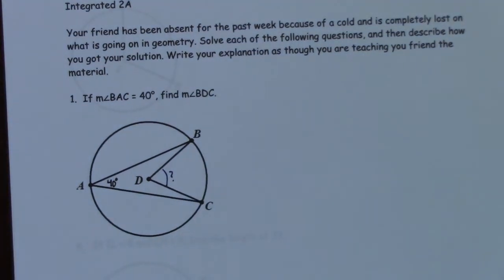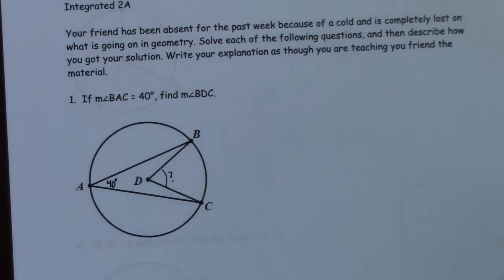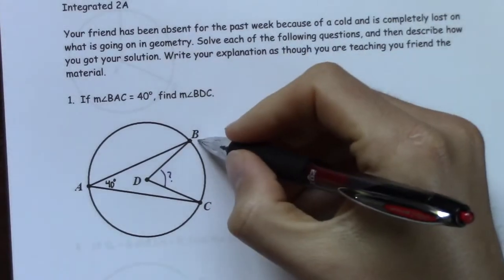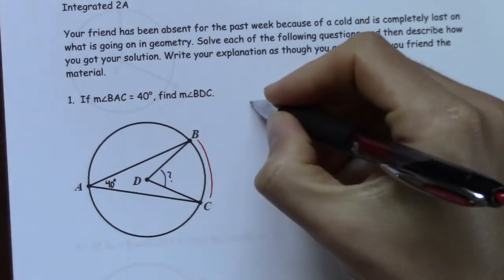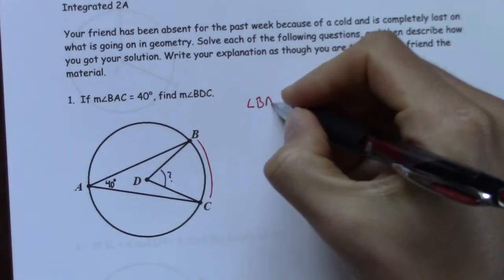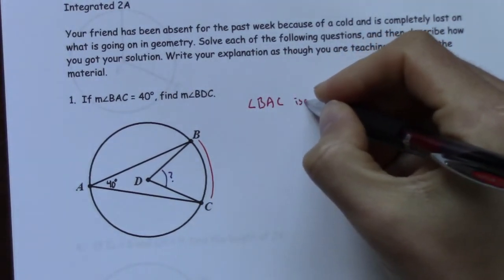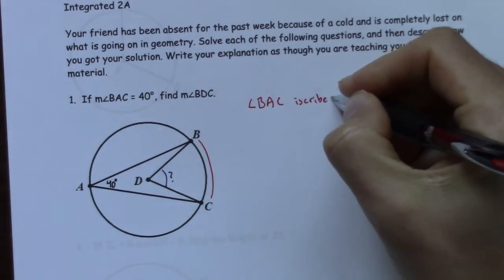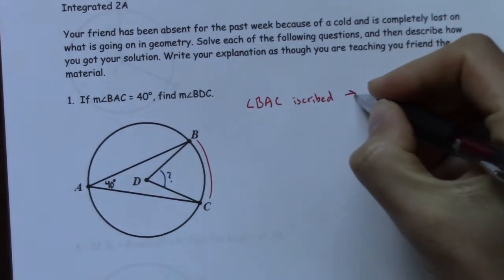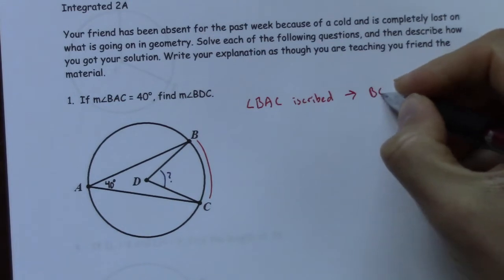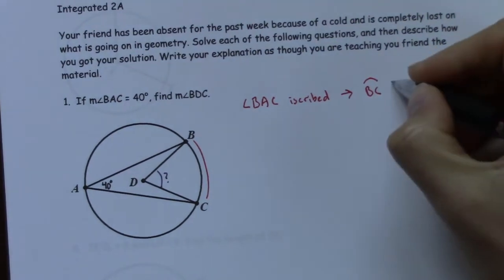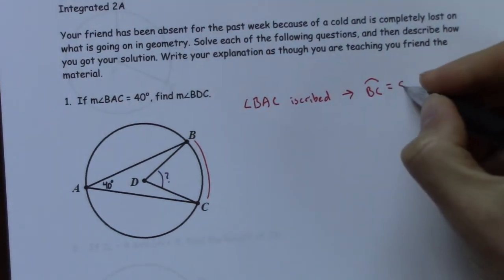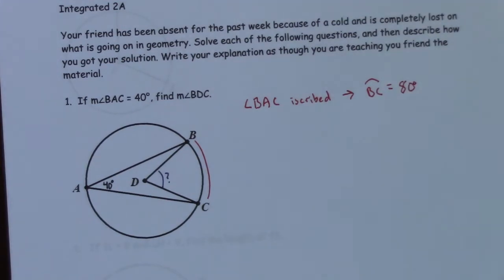And so my hope is the thought process that you had is you came to this problem and you said, because angle BAC is inscribed, then it must be half its intercepted arc, which means that the measure of arc BC must be twice 40, or 80 degrees.